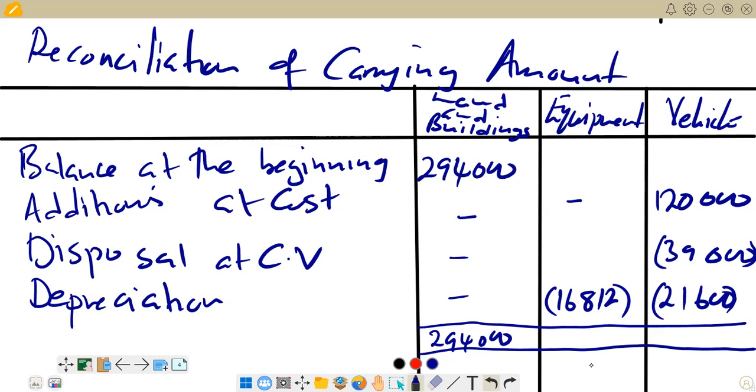Then for equipment, the carrying value that we found was 107,268. These values, we calculated them. And then for vehicles, the one that we found there was 199,320. So this is what we have there.